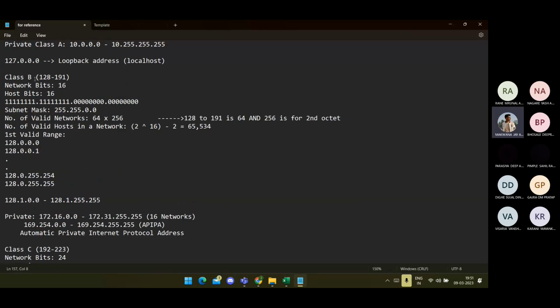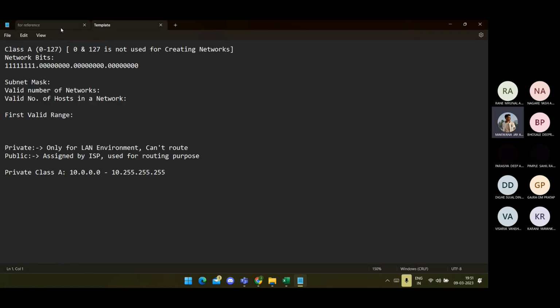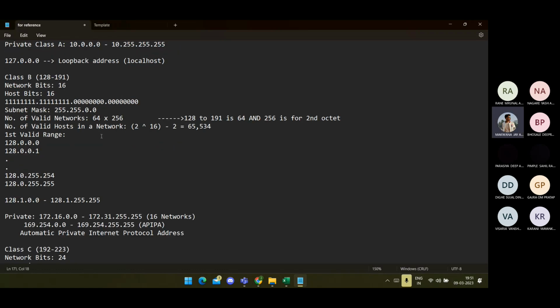Now for class B, we have the range from 128 to 191, right? We are lacking time, so we will just hurry. For class B, we have 16 bits for network, which is fixed, and 16 bits for host.